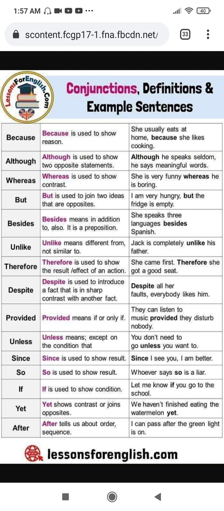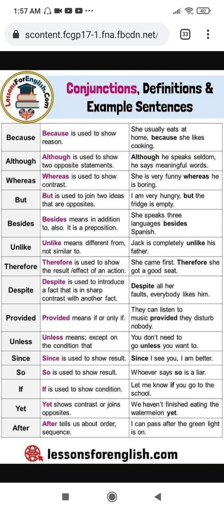The first one, observe closely, carefully: She usually eats at home because she likes cooking. So the first part gives you an information, and the second part gives you the reason behind this.